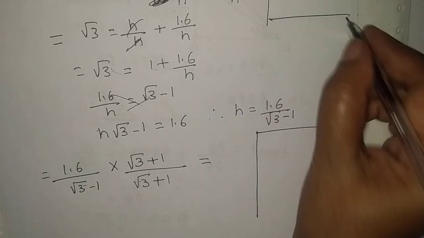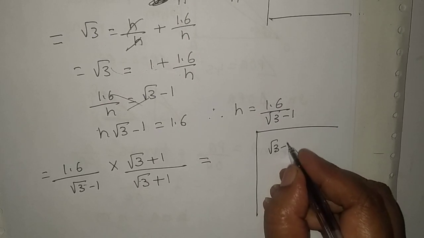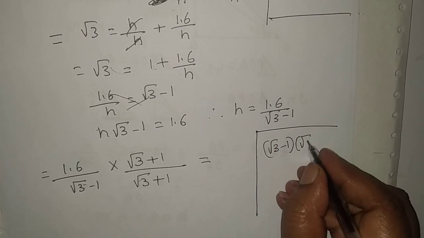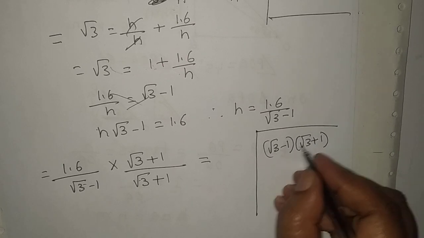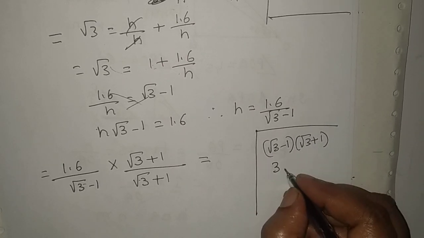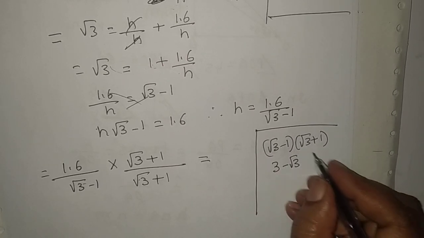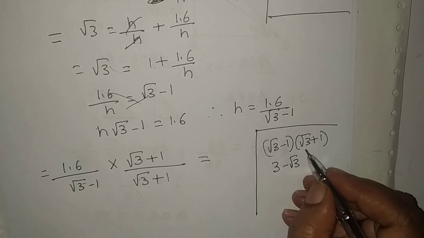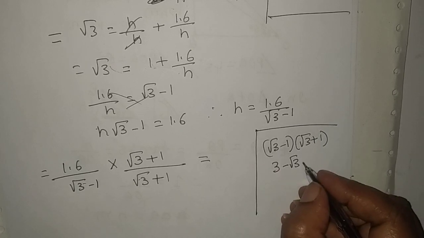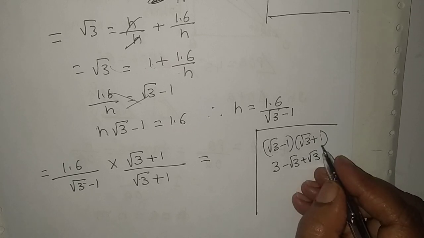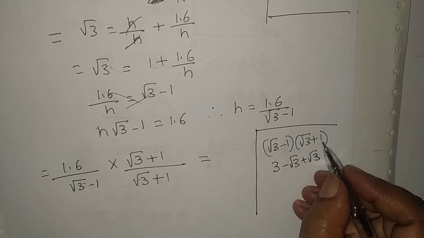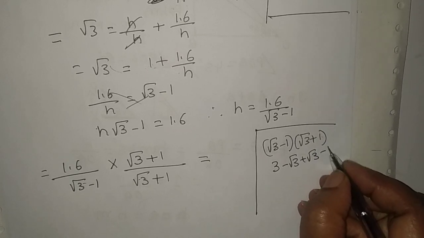Root 3 minus 1 into root 3 plus 1: root 3 into root 3 is 3, root 3 into 1 is plus root 3, 1 into root 3 is minus root 3, and 1 into 1 is minus 1.